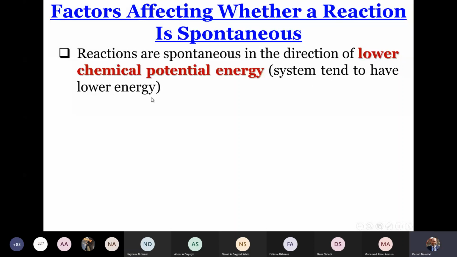If our transformation passes from a system of high potential energy to a system of lower potential energy, we can predict directly that this transformation is spontaneous.